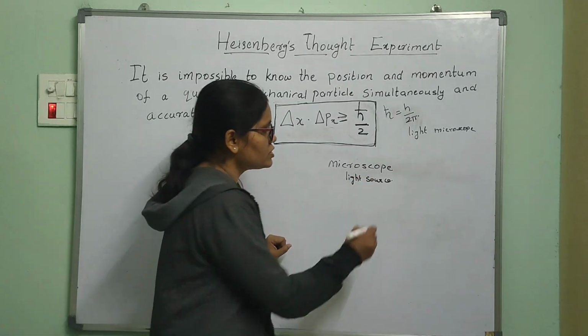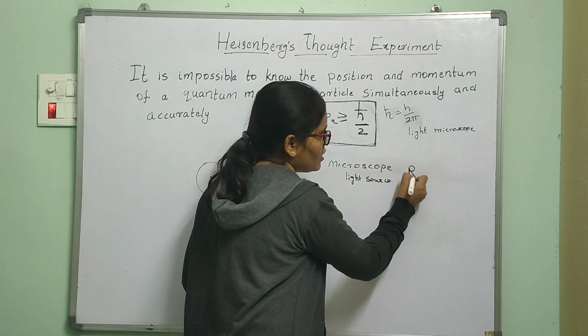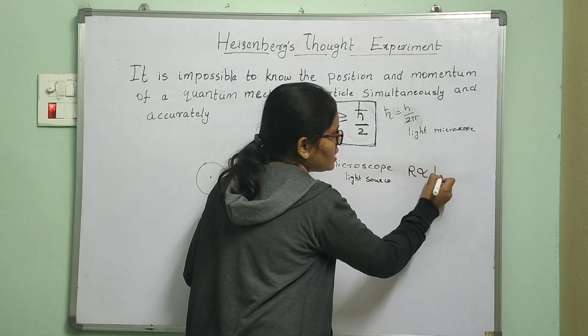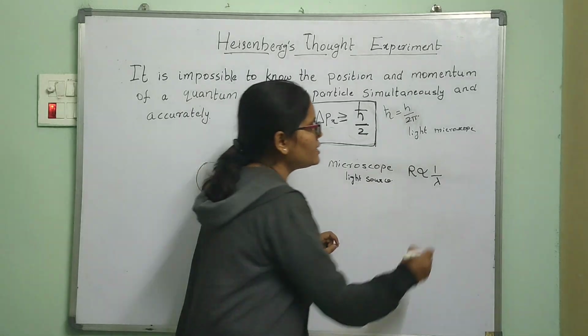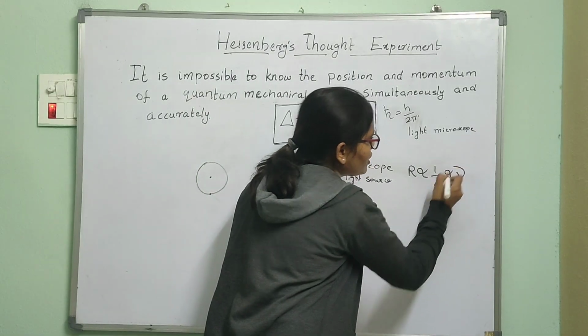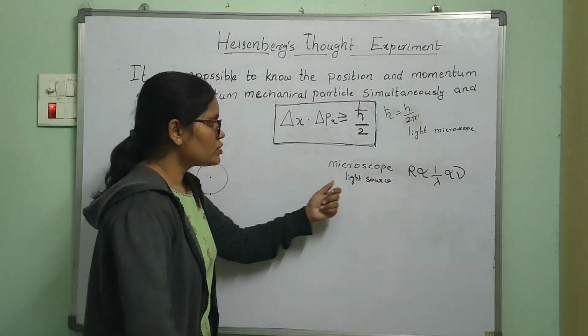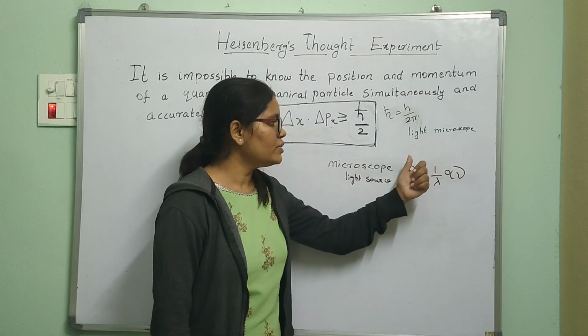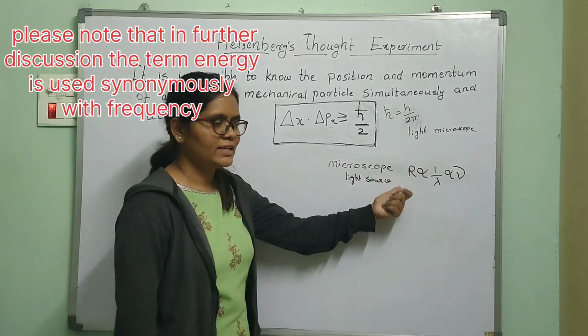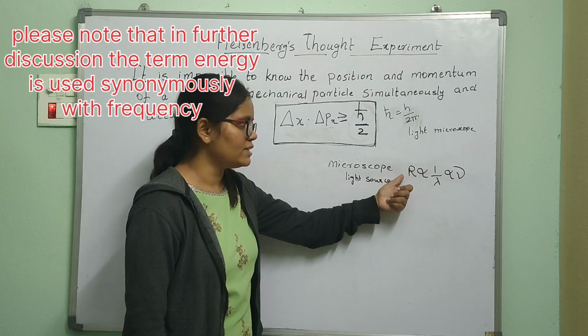The resolution of a microscope is inversely proportional to the wavelength of the light and directly proportional to the frequency of the light used. So if you are using a light source of higher frequency, you will get a good quality image, or good quality result.